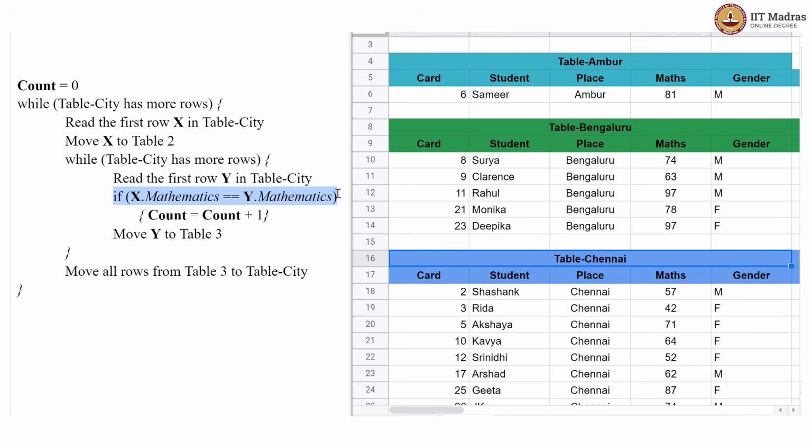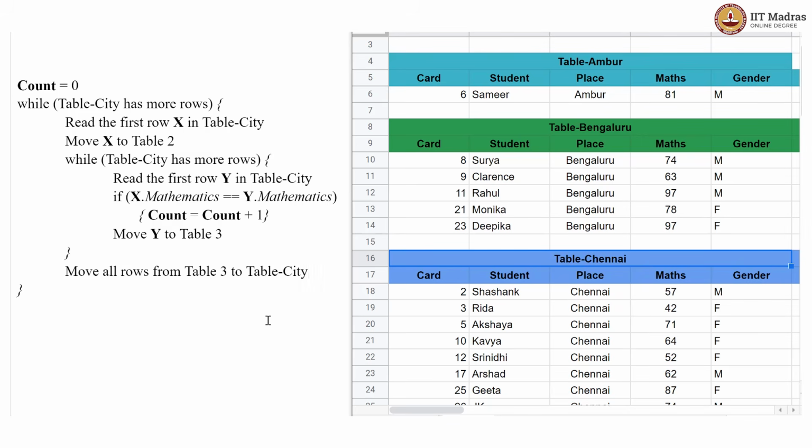So we're only checking for mathematics scores, and in case they're equal, then we increase the count. And after that, we move this Y row to table 3, and finally all table 3 rows are moved back to the city table. So this code is very, very much identical to what we had done earlier, except now we do it city by city.